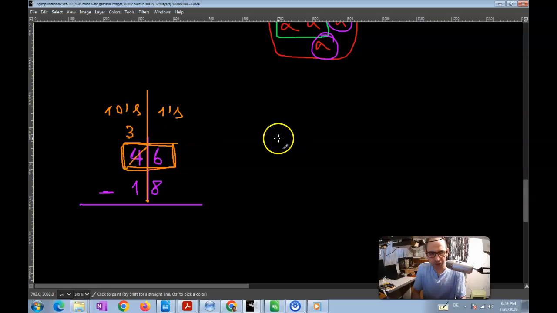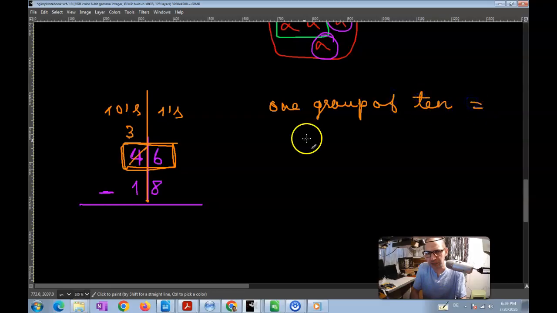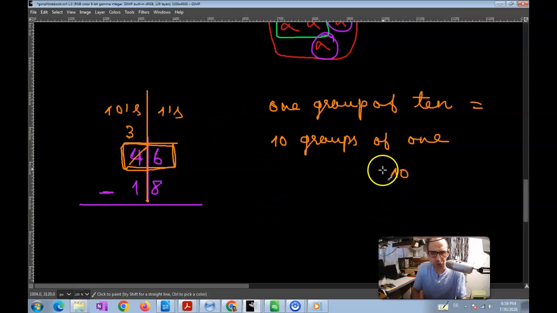And then the one group of 10 is basically nothing but 10 groups of 1. 10 groups of 1 would be just a 10, right? Meaning 10 times 1 is equal to 10. So now I have taken away one group of 10, which means that now I have this 10 groups of 1, which is just a 10 in buffer.